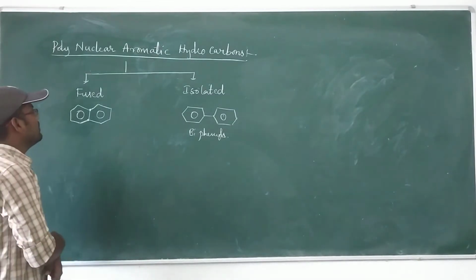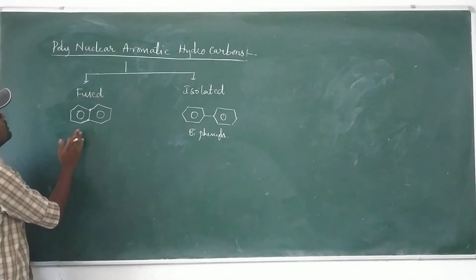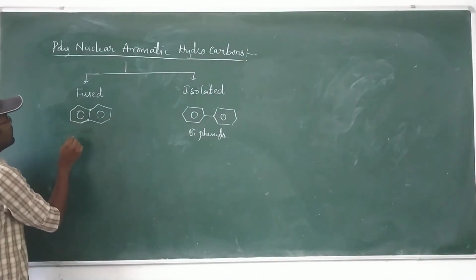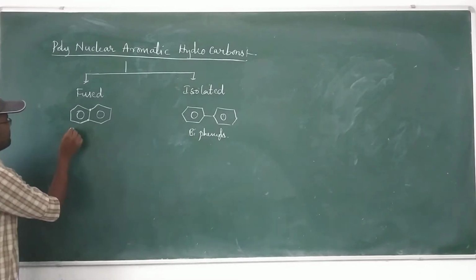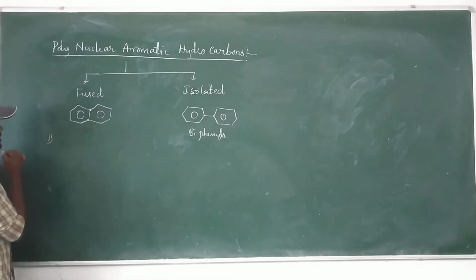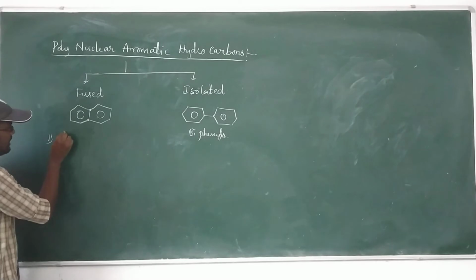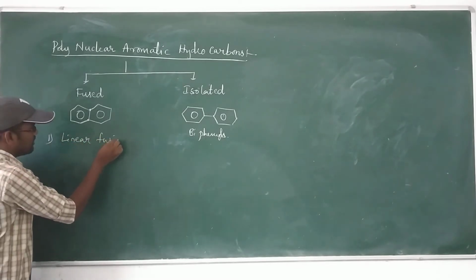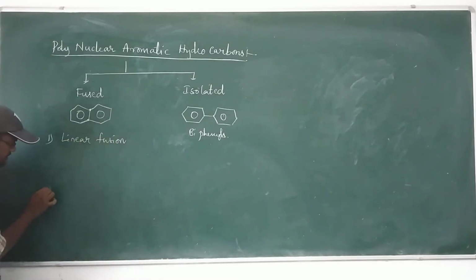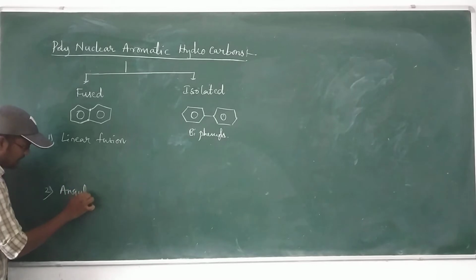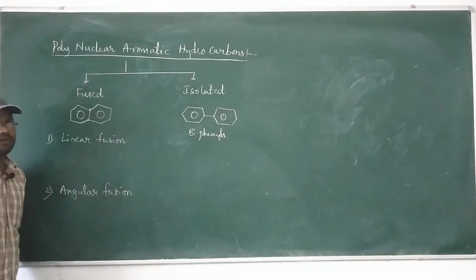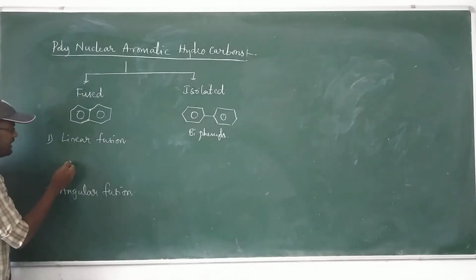First let us see lambda max values of fused polynuclear aromatic hydrocarbons. Fused polynuclear aromatic hydrocarbons are divided into two types. First type is linear fusion, second type is angular fusion. First let's see linear fusion.